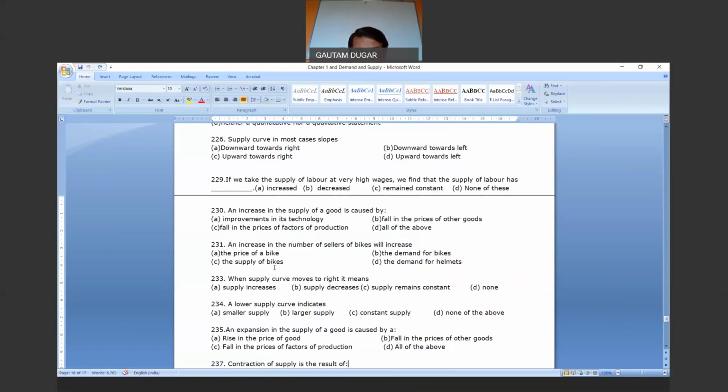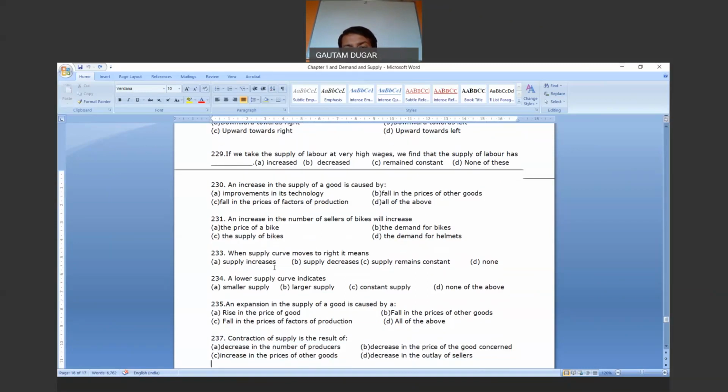Coming to 229, if we take the supply of labor at very high wages, we find the supply of labor has decreased. In the case of labor, you must remember supply curve is backward bending.